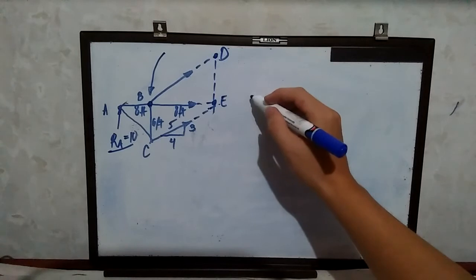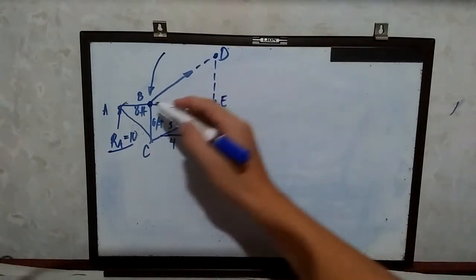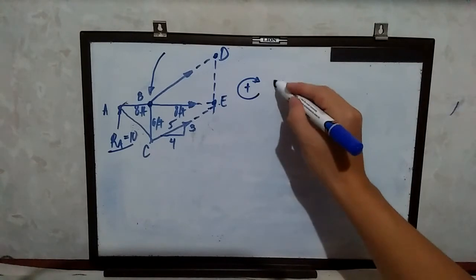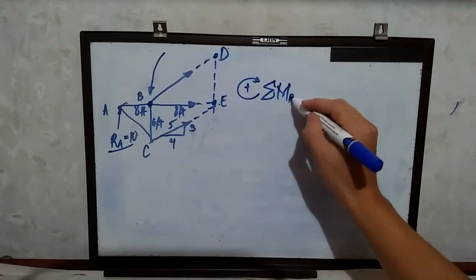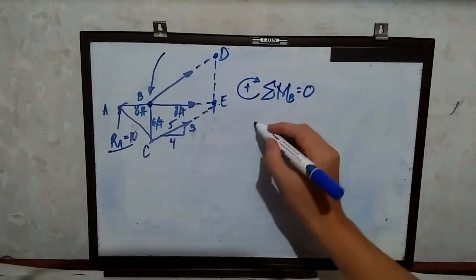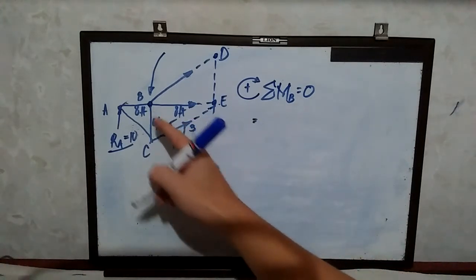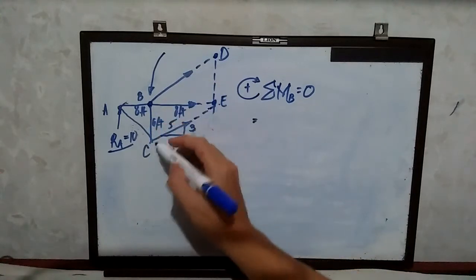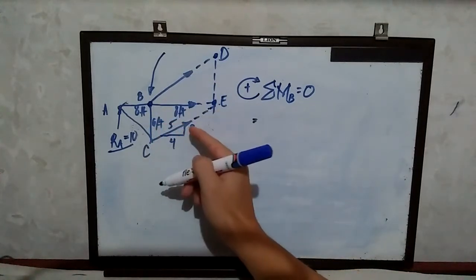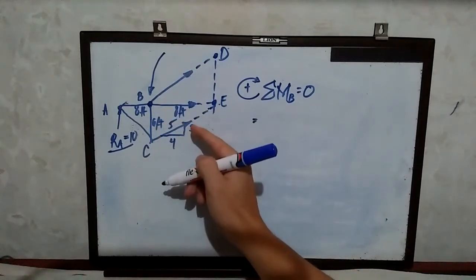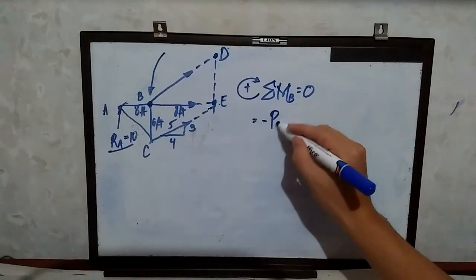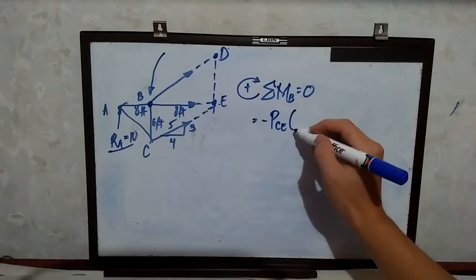So let's try to summate all of the moments here at point B. Summation of moments, positive going clockwise, at point B is equal to 0. Then that should be P sub CE. Where is the rotation for this member? We are assuming that it is in tension, so it's rotating counterclockwise, P sub CE. Don't forget the slope.